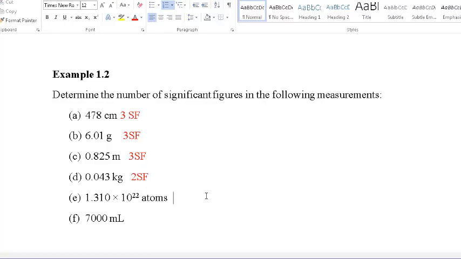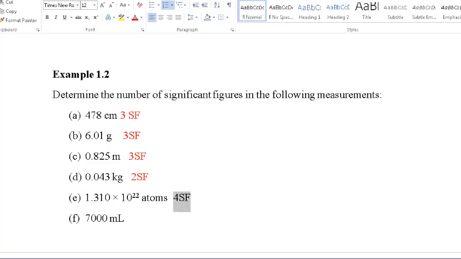All right, exponents: 1.310 times 10 to the 22 atoms. This is as easy as pi. Anytime you see something expressed as an exponent or in scientific notation, all you have to do is read the number of digits to the left of the exponent. So here we have 1, 2, 3, 4. This is going to be 4 sig figs.